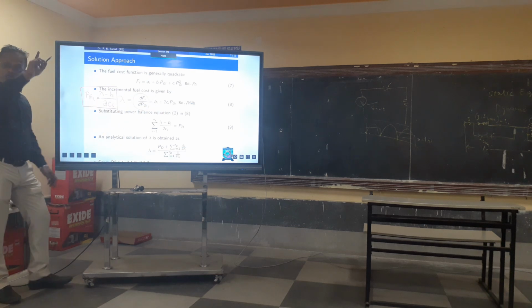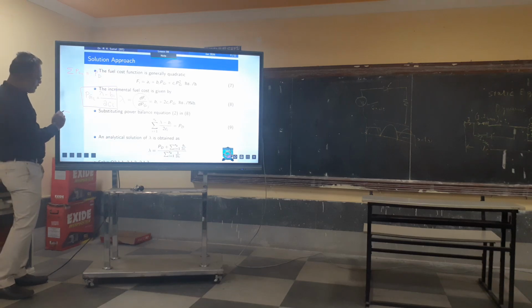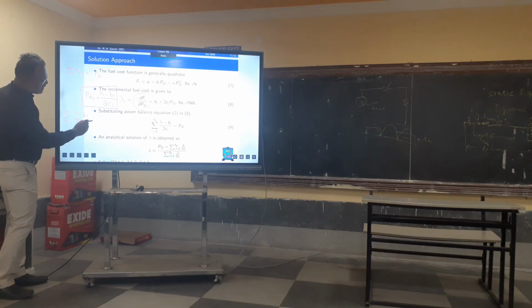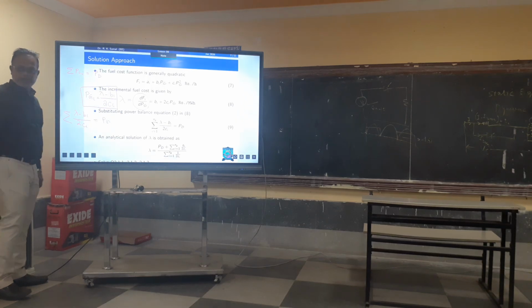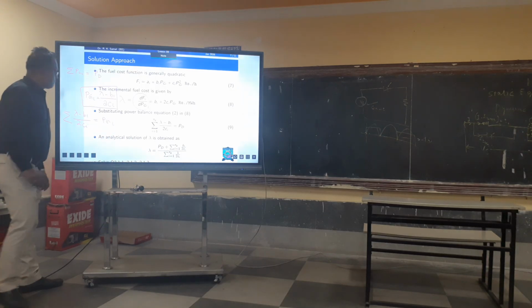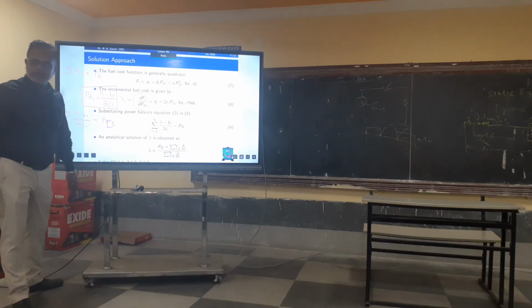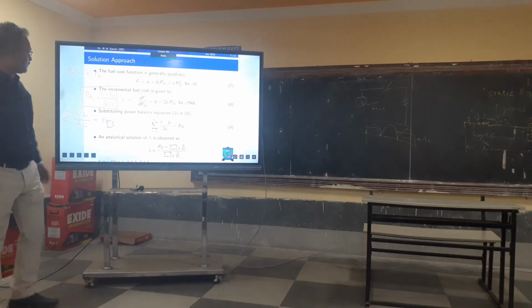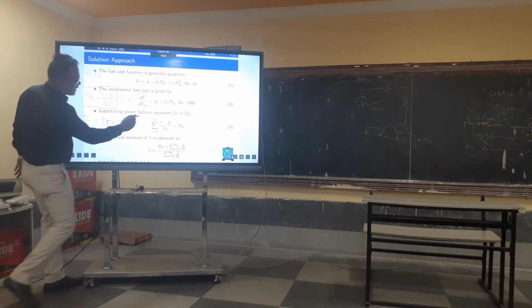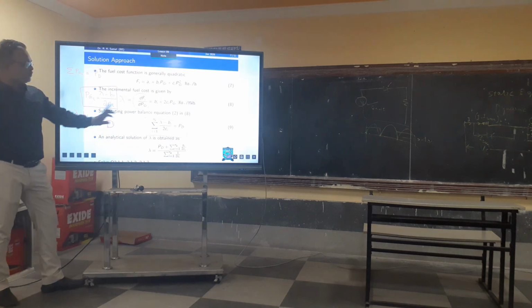And from equation 2, we know that summation PGi is equal to PD. So that means summation of lambda minus Bi by 2Ci is equal to PD.